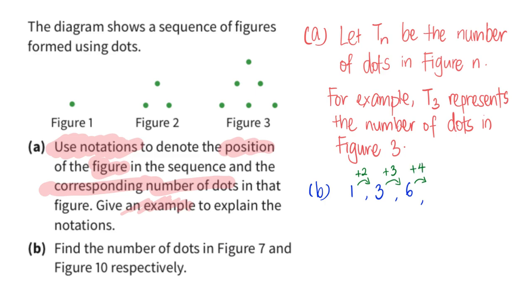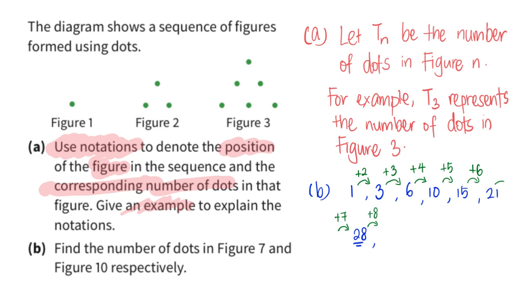Yes, plus 4 to give us 10, and we shall continue until we reach figure 7. So I will have to plus 5 now to reach 15, plus 6 to reach figure number 6, and continue the next line. The next line would then be plus 7. 21 plus 7 will be 28, and that will be one of the answers because this is the 7th figure.